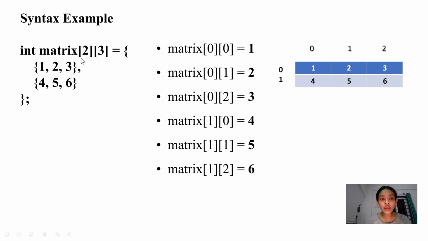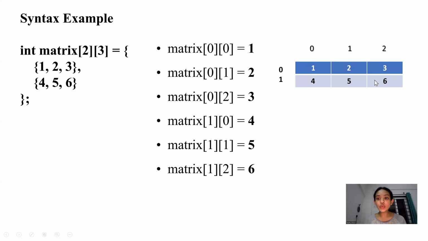Inside that, I have the elements they have given. This is for one row: 1, 2, 3. Next, 4, 5, 6. And the braces are closed with a semicolon. So here you can see it is stored in the form of a table, with rows and columns.